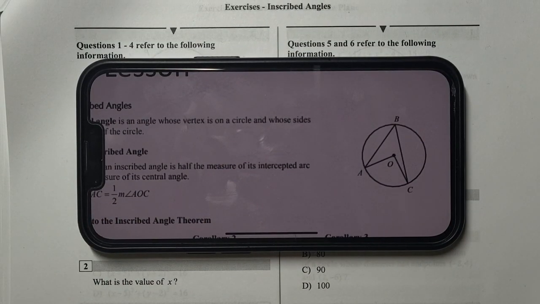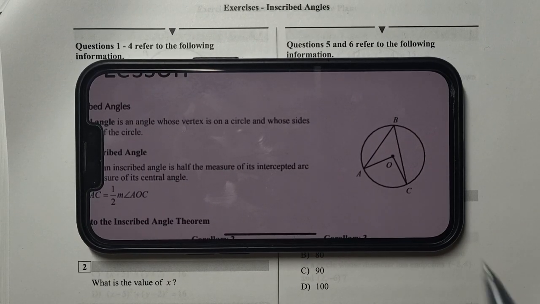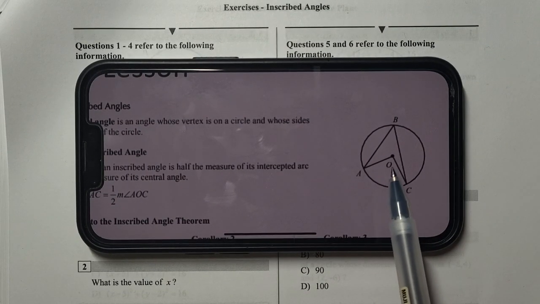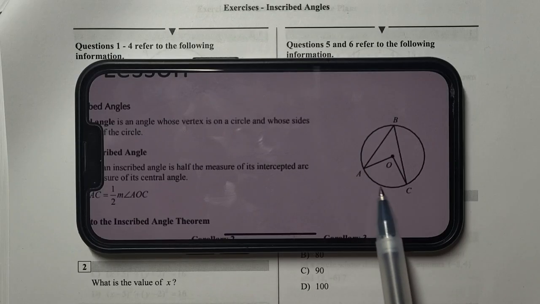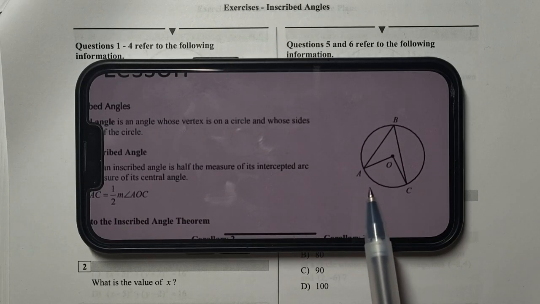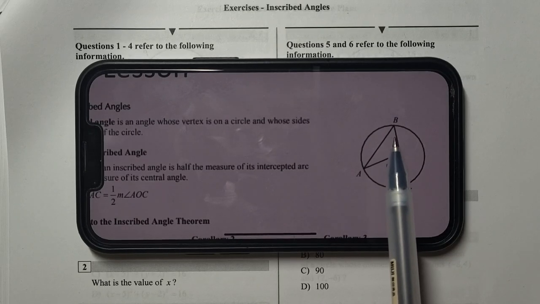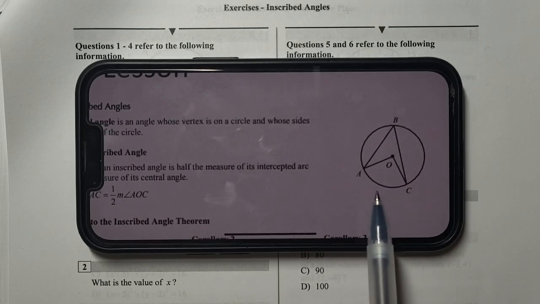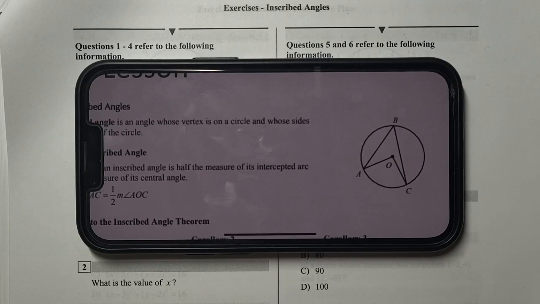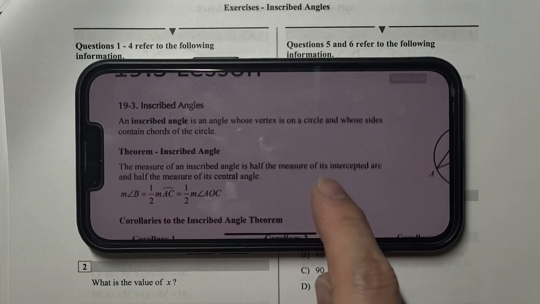So it makes sense that it's half of the central angle. Okay, and if you remember, the central angle is equal to the length in degrees of this arc over here. So therefore, this inscribed angle is also half of the measure of this arc in degrees as well. Okay, so that's what this is saying over here.